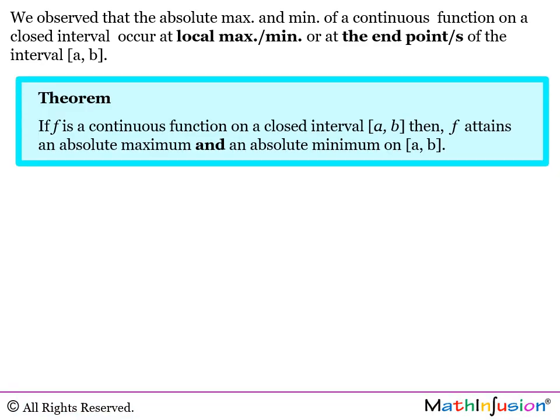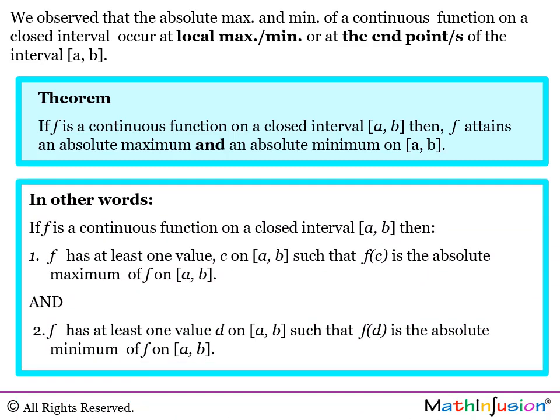This is a theorem. If f is a continuous function on a closed interval [a, b], then f attains an absolute maximum and an absolute minimum on the closed interval [a, b].